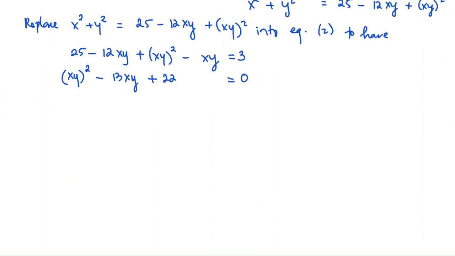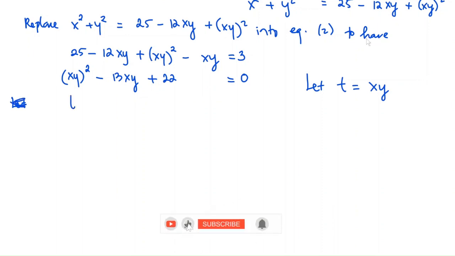Now this looks like a quadratic equation, so let t equal xy. Then the equation is t squared minus 13t plus 22 is equal to 0.